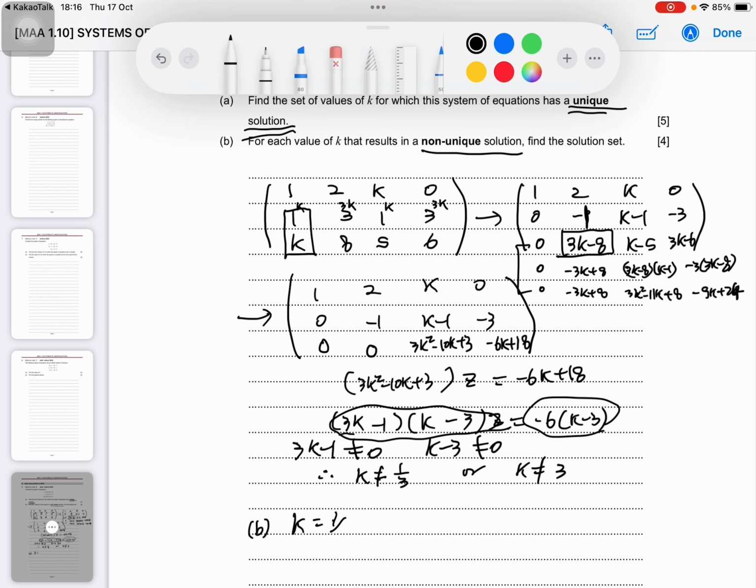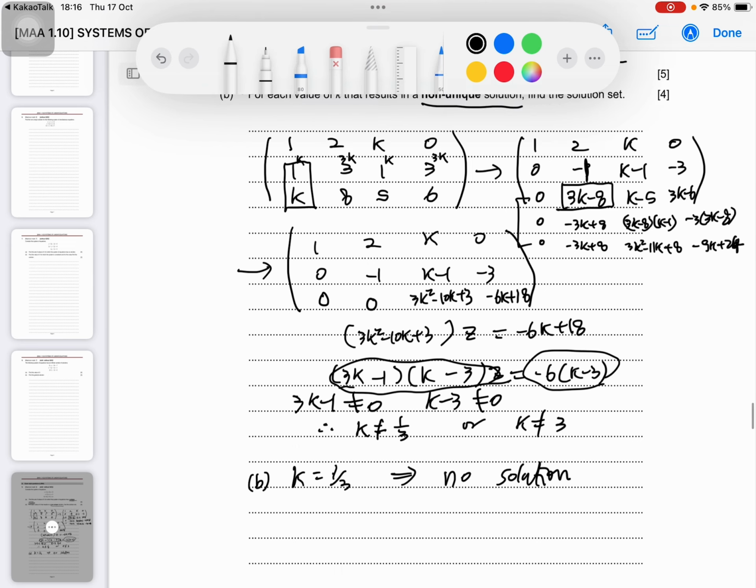So in this case, no solution. And the second case, when k equals 3, this is 0 times z equals 0, which makes it an infinite solution.